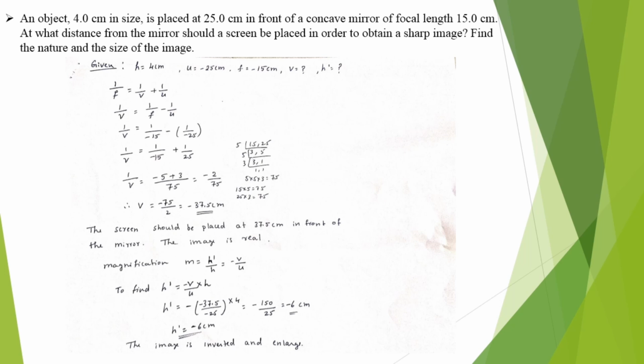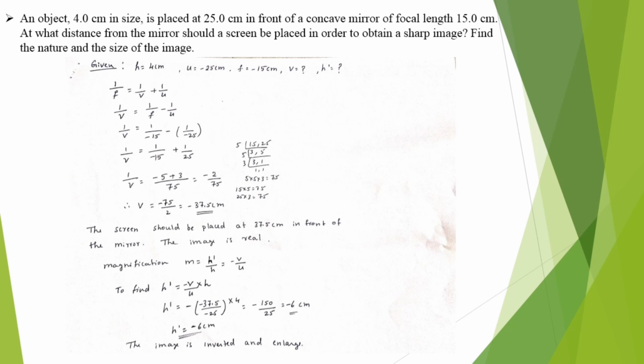Find the nature and the size of the image. So here what are given? The height of the object, that is 4 cm, object distance minus 25 cm, focal length minus 15 cm. You have to find v and h dash. So here the object distance is negative and also focal length is negative. Why? Because it is a concave mirror.